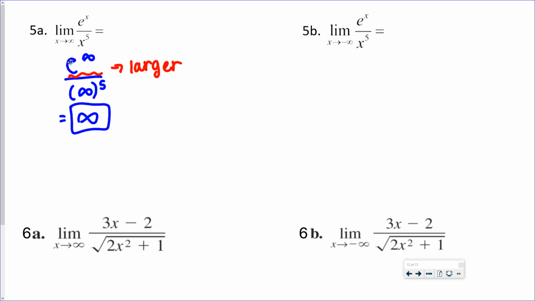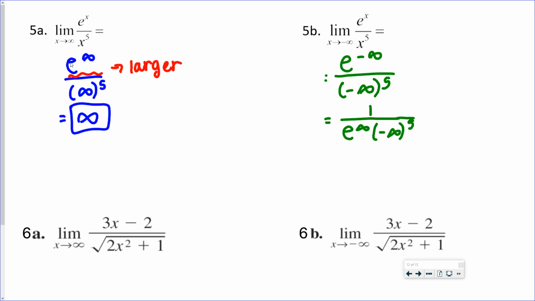All right, negative infinity. This time, I have e to the negative infinity over negative infinity to the power of 5. So again, negative exponent properties, I could bring that down here. That becomes e to the positive infinity times negative infinity to the power of 5.